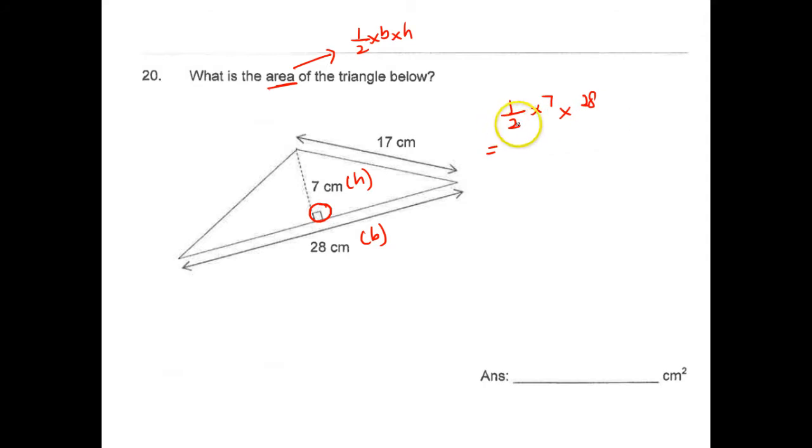We can cross multiply 28 and 2. So the answer is 14. So it's 14 times 7. 4 times 7, 28. 1 times 7, 7. Answer is 98 cm square.